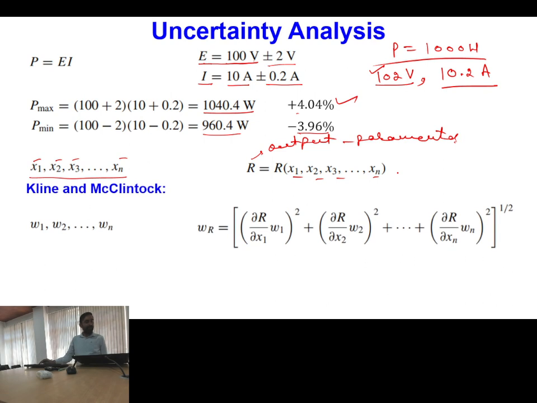As per the method of Klein and McClintock, if W1 is the uncertainty in measurement of parameter x1, W2 is the uncertainty in measurement of parameter x2, and likewise Wn are the individual uncertainties in each measured parameter, then the total uncertainty in the resultant can be written as del R by del x1 times W1, whole squared, plus del R by del x2 times W2, whole squared, and so on, and then the square root of the entire quantity. Del R by del x2 is how much your resultant changes upon a change in x2.